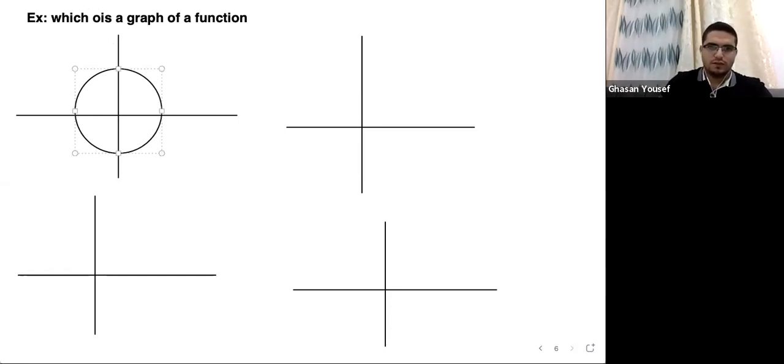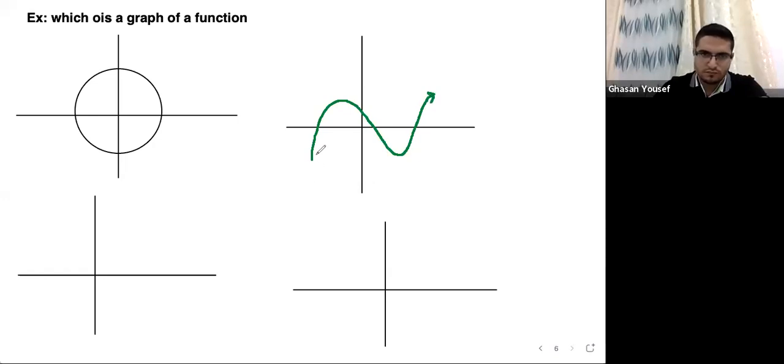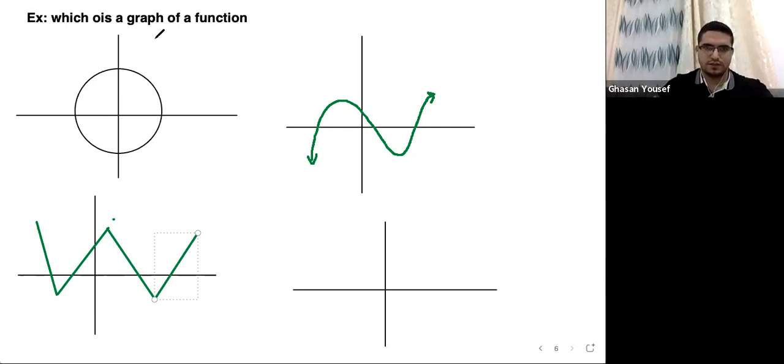First one, second one. For the second function, it is like this.